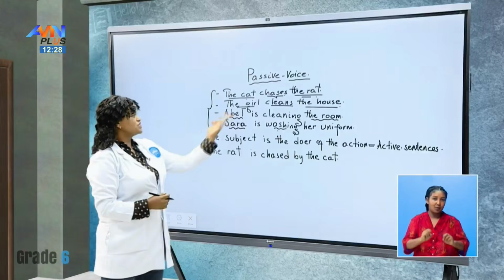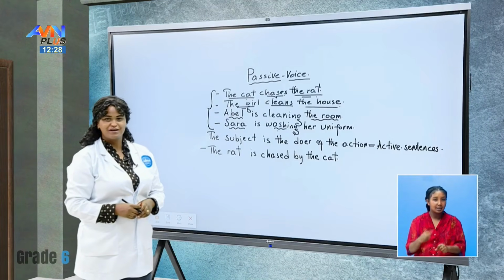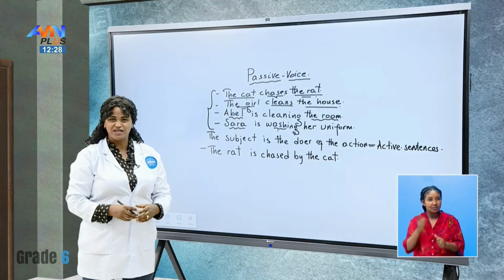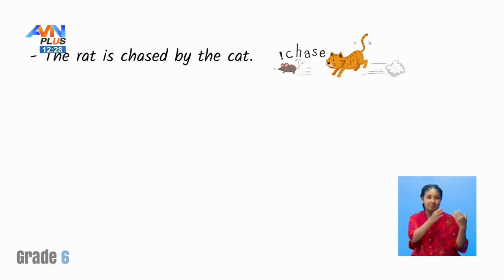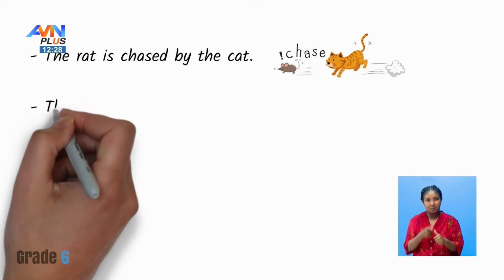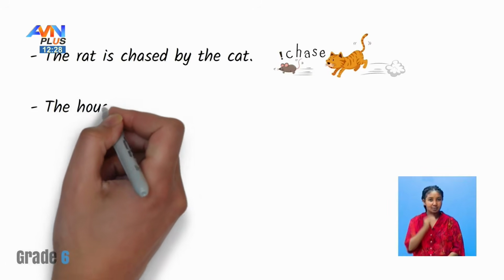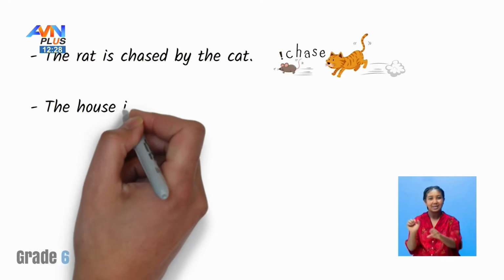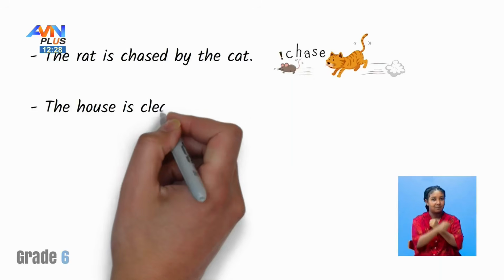Okay, let's go to the second sentence. The girl cleans the house. But I'm going to start with the object. I'm going to make the object a subject, which is the house. So, here we go. The house, yes? Now, cleans. Here, it is only cleans, which is a base verb, what we call verb 1, right?